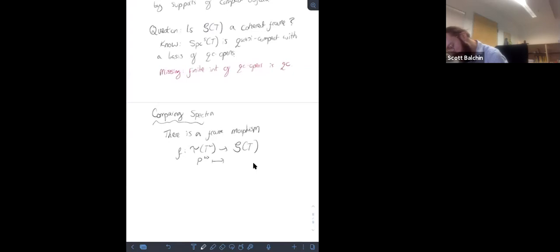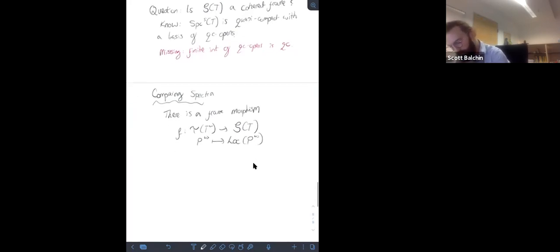I take a thick tensor ideal here, which I've called P omega for now, and I map that to the localizing subcategory generated by it. So this is a frame morphism. This admits a right adjoint, so there's a Galois connection.